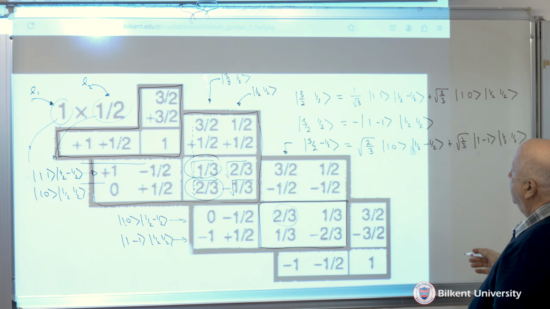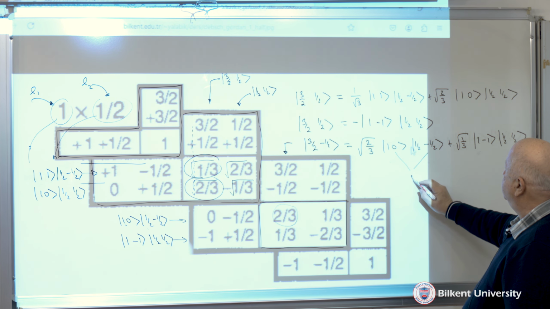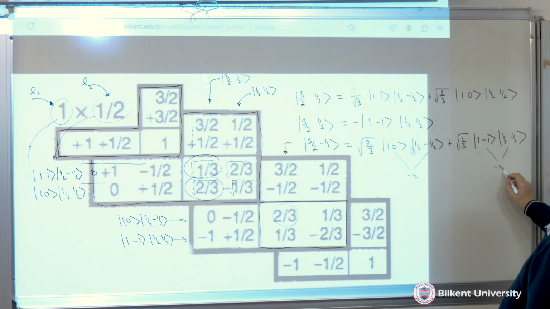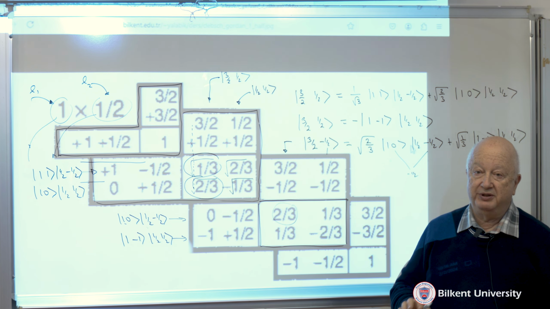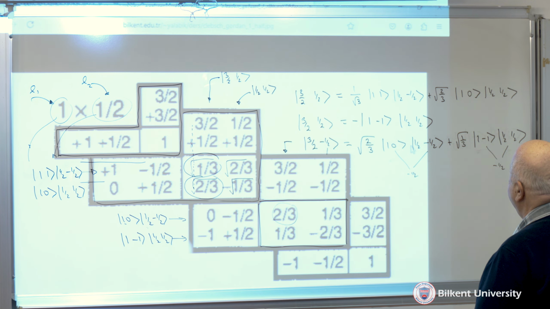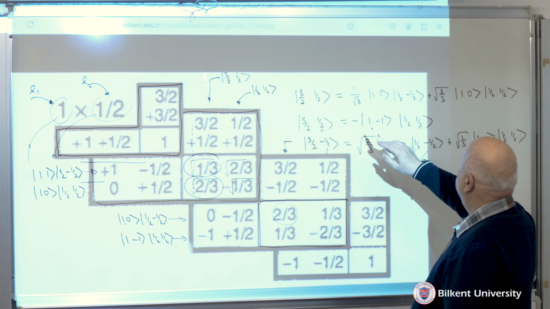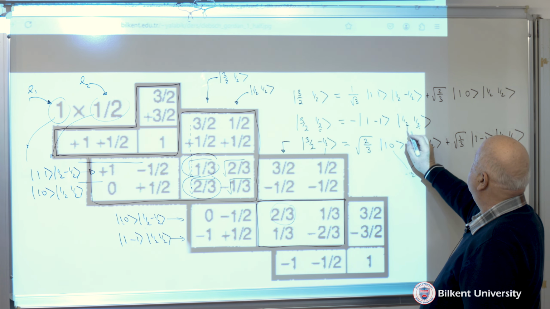Now if you look at the z components, if you add the z components here, that's minus a half. And I also have minus a half on the left. So the z components on the left-hand side and the right-hand side must always be the same. Here I have plus a half.